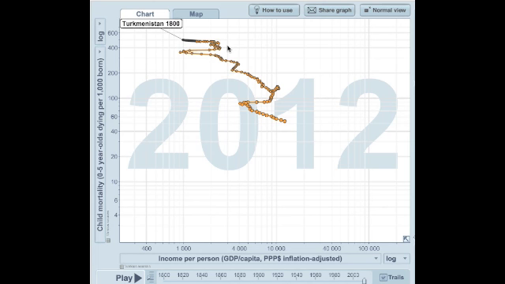From 1916, 1917 to 1918, there was a substantial decrease in the GDP. So from here to here, this is 1918. The cause may be a violent uprising that broke out in 1916 when the Turkmen fought the Russians in an attempt to obtain their independence.